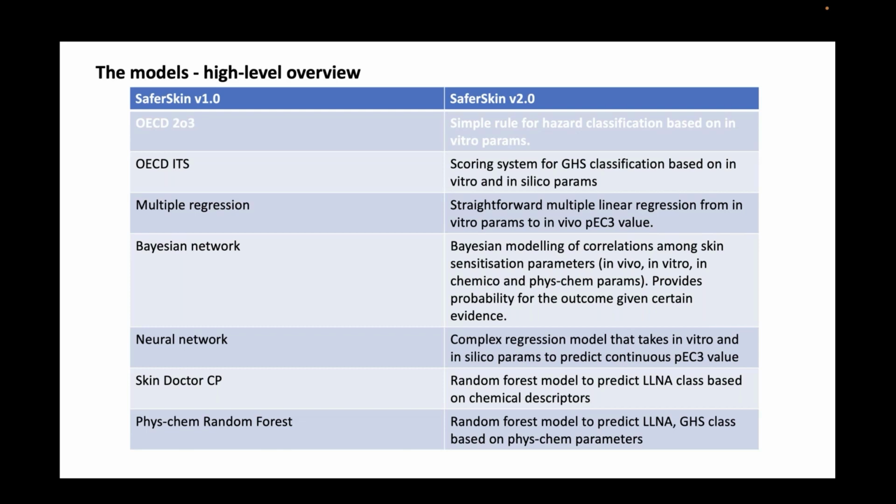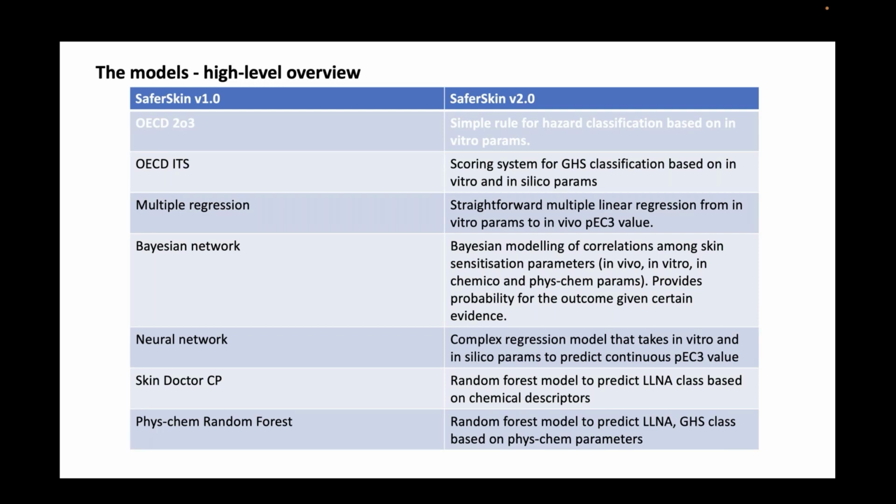Then the neural network approach. This is a more complex regression model that takes in vitro and in silico parameters as an input, and it can provide an EC3 value, which is again useful for quantitative risk assessment. And Skin Doctor CP, this is a model developed in collaboration, I think, by the University of Vienna and Beiersdorf, and it's a random forest model based on chemical descriptors, and it predicts the LLNA classification of the compound.